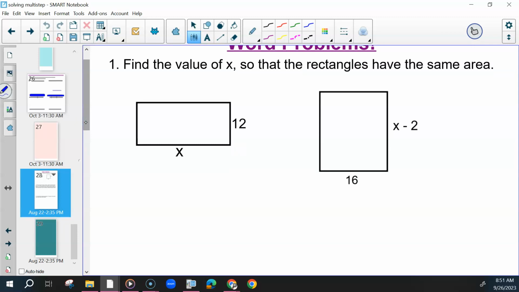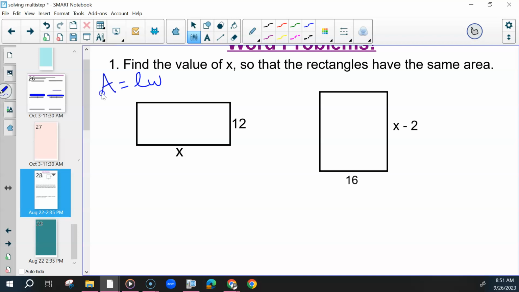Find the value of x so that the rectangles have the same area. So again, we need a little bit of background knowledge. How do we find the area of a rectangle? Multiply the two sides, length times width. So we're going to end up doing that for both of these, but if the rectangles have the same area, how can we set this up?